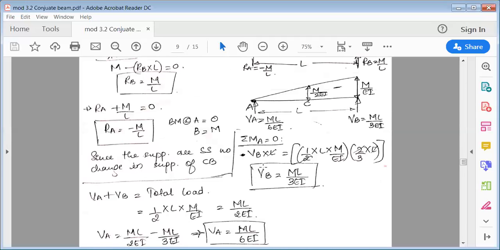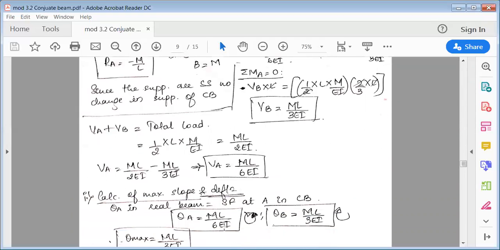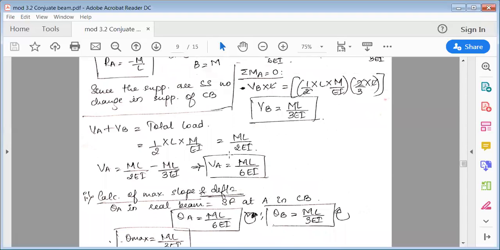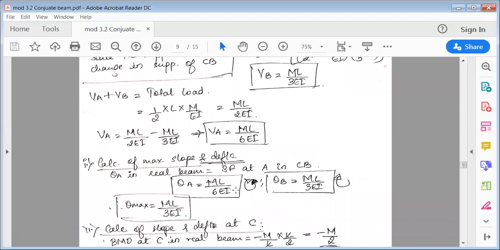Once you find out VA and VB, next is simple. Again, we'll use the formula, first we'll have to calculate maximum slope and maximum deflection. Maximum slope would be at A. Theta A in real beam is equal to shear force at A in conjugate beam. So theta A would be VA, which is ML by 6EI.